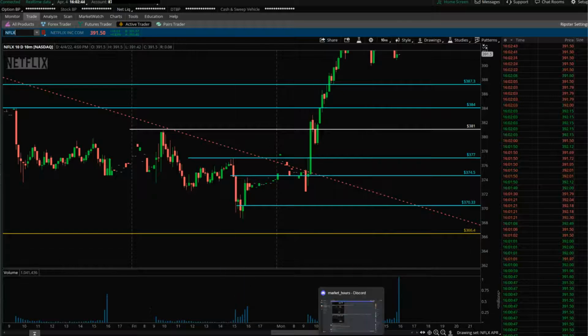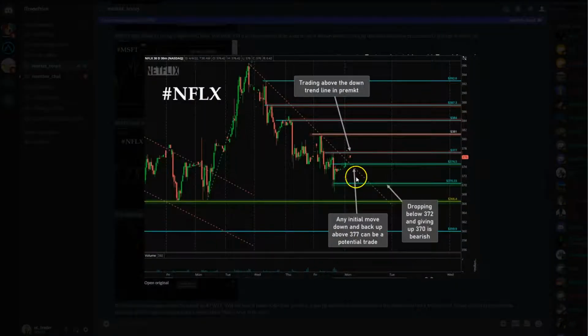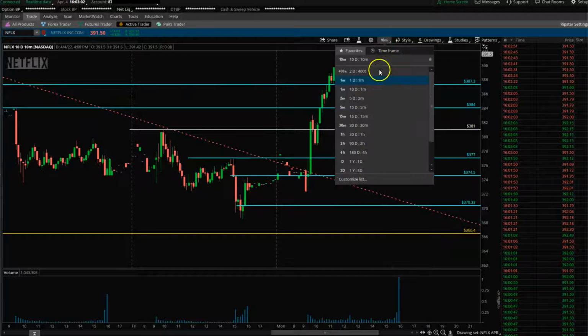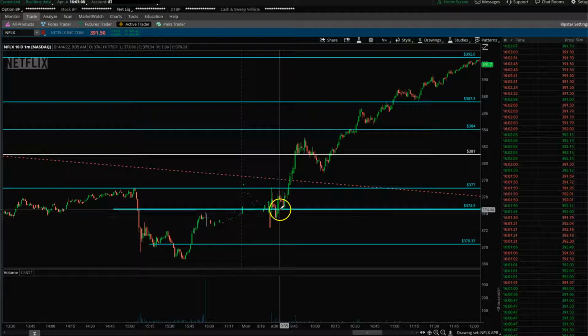The chart in the morning, the notes said right around the downtrend line, taking out 377 is a breakout attempt. So what did it do? Let's go check that out. Let's see a 1-minute view. It opened up below the trend line, and then it started going back up.